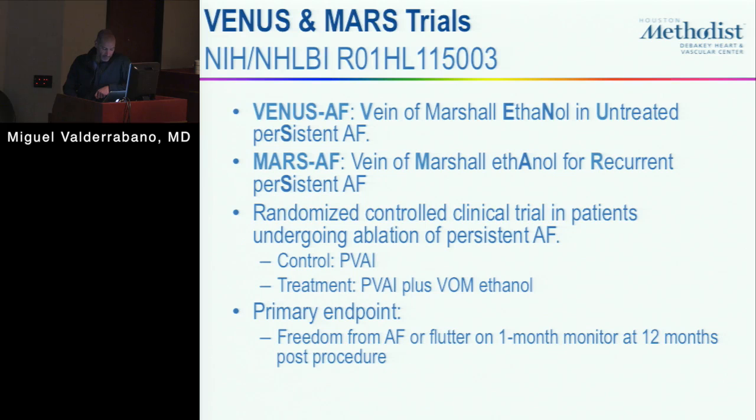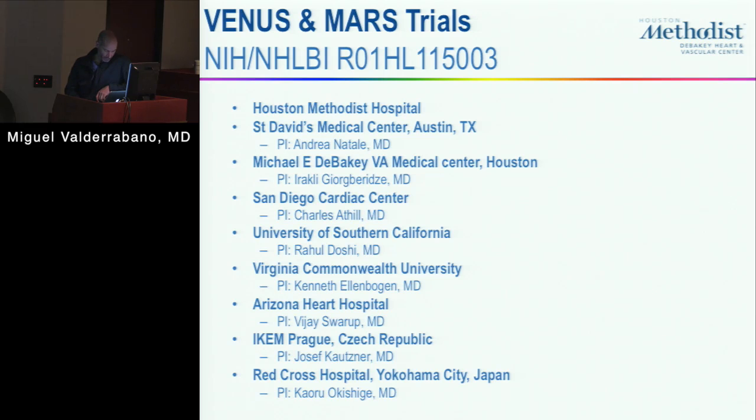So anyway, this is kind of the background that supports the clinical trial that we have now. Vein of Marshall alcohol combined with regular ablation in patients with persistent AFib. We have 8 centers, soon to be 9, and we have 2 studies. One is for patients that have had a previous ablation failure. It's called MARS. And patients that are undergoing the first ablation, which is called VENUS.